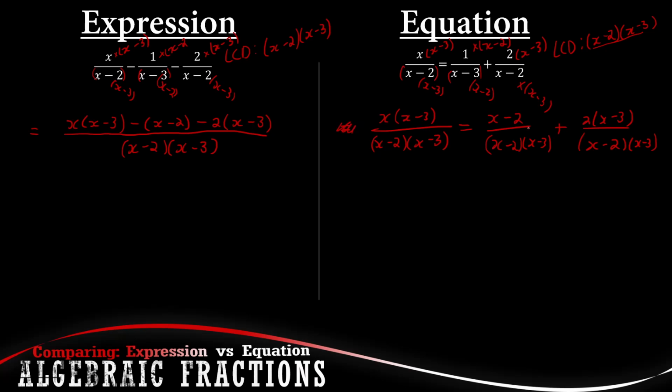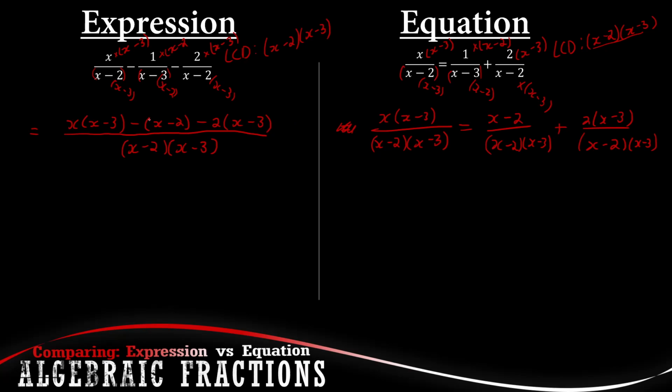So the next thing we are going to do is drop the denominators here, because with an equation we can multiply both sides by the same factor, and that would help us to get rid of the fractions. But you do not do that over here, because you can't multiply this with x minus 2, x minus 3 to get rid of it, because there's no other side to also cancel out that operation.